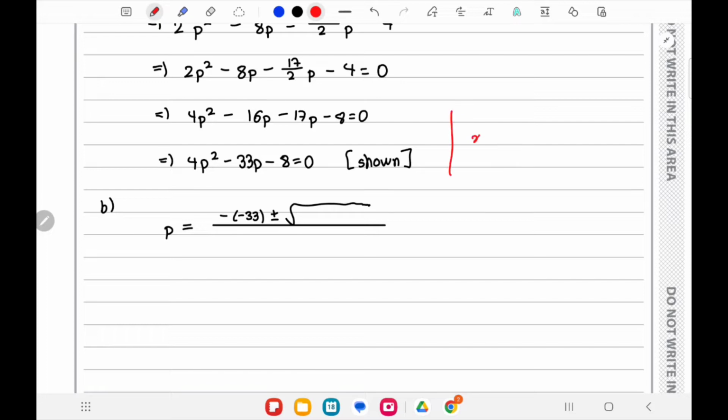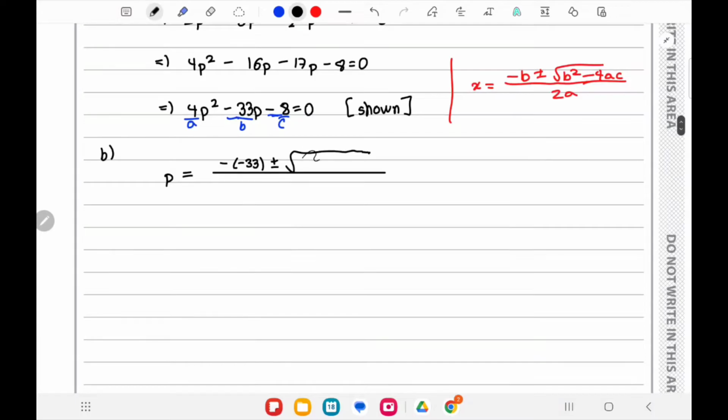If you're wondering, we are using this formula, x equals minus b plus minus root over b squared minus 4ac, all divided by 2a. This is a, this is b, and this is c, with the signs as well. b squared will be minus 33 squared minus 4 into 4 into minus 8, divided by 2 into 4.